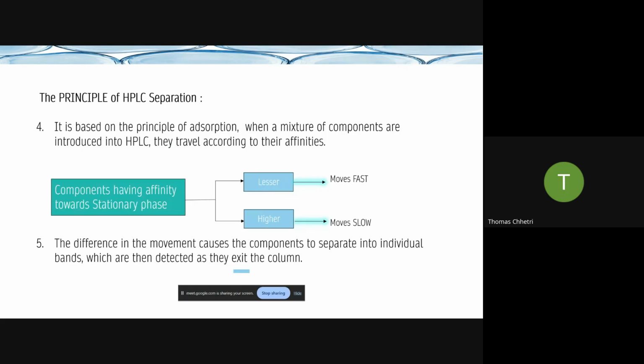When a mixture of components are introduced into HPLC, they travel according to their affinities. If a component has lesser affinity towards a stationary phase, it moves fast. And if it has a higher affinity to the stationary phase, it moves slow. So the difference in the movement causes the components to separate into individual bands, which are then detected as they exit the column.